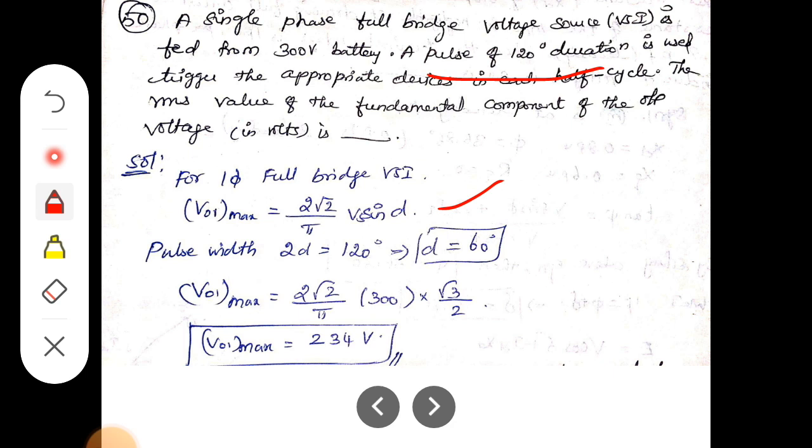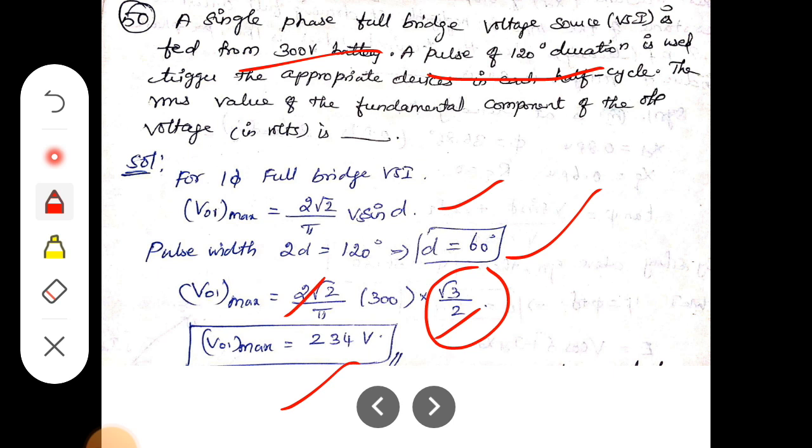So 120 divided by 2, that is d is equal to 60 degrees. So substituting here, the maximum is equal to 2 root 2 by pi into the V value 300 volt into sin 60 degrees, which is root 3 by 2. So overall the factors will be cancelled, 2 will be cancelled. So finally we got 234 volt. This is the final output for the given problem.